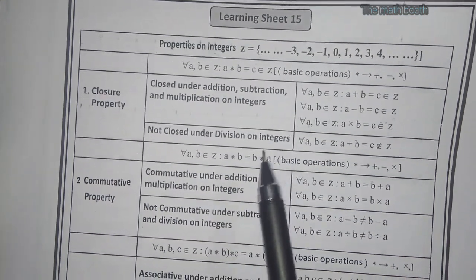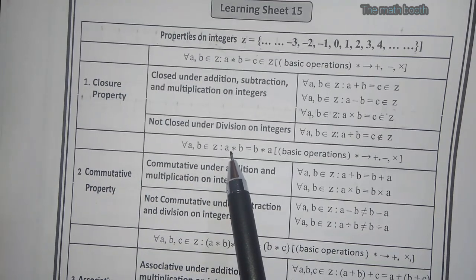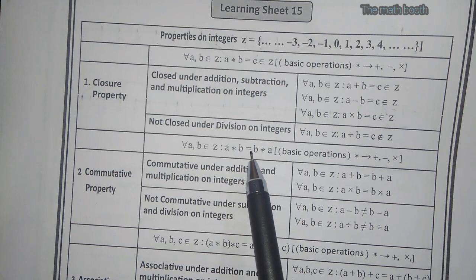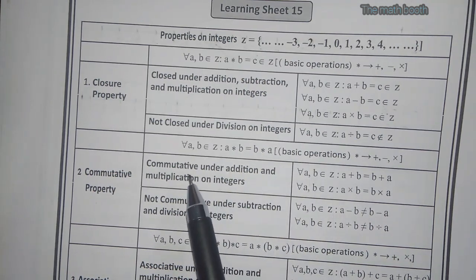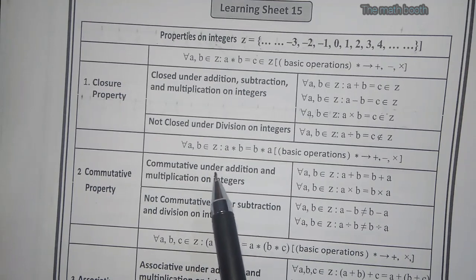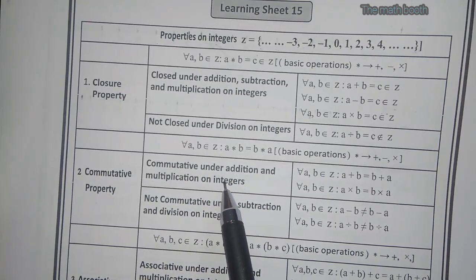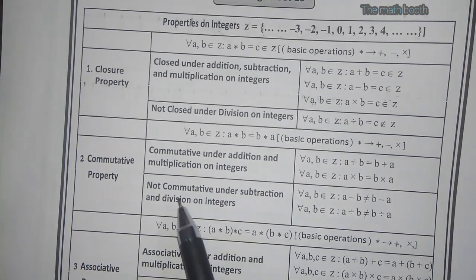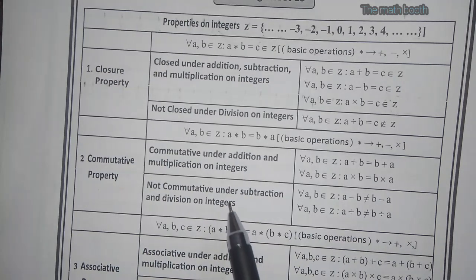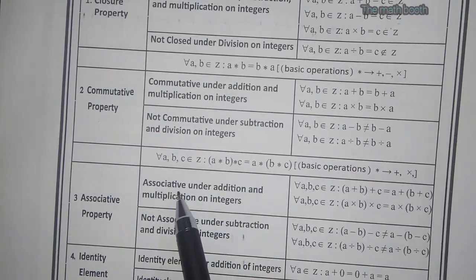Next is commutative property. Its general form is a star b is equal to b star a. Commutative property holds under addition and multiplication for integers, and not for subtraction and division.